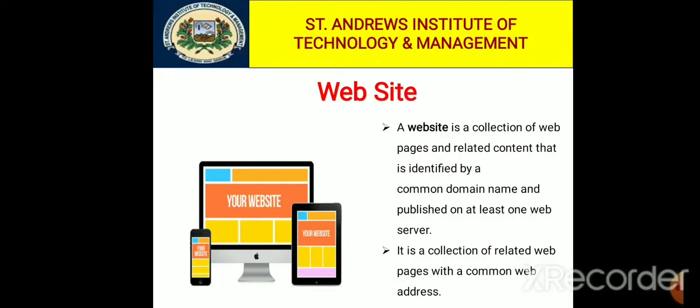Users can access websites on a range of devices, including desktops, laptops, tablets, and smartphones. The software application used on these devices is called a web browser. We already discussed the web browser in the first unit.